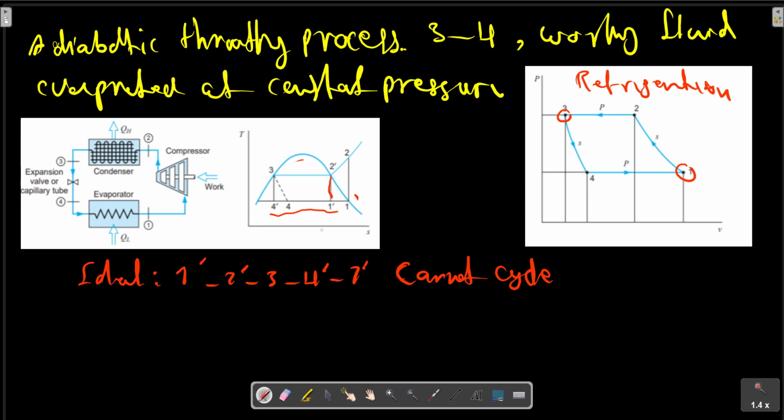The other difference, that of replacing the turbine by a throttling process, has already been discussed.